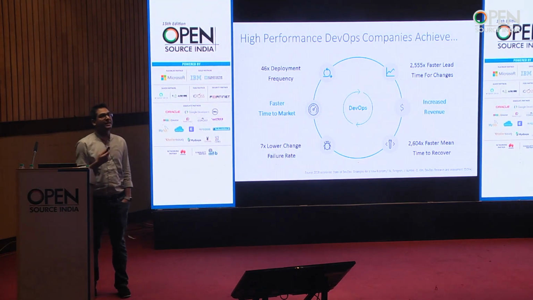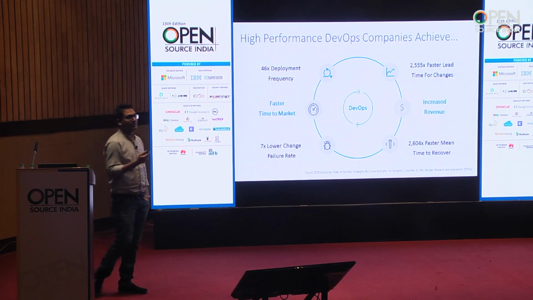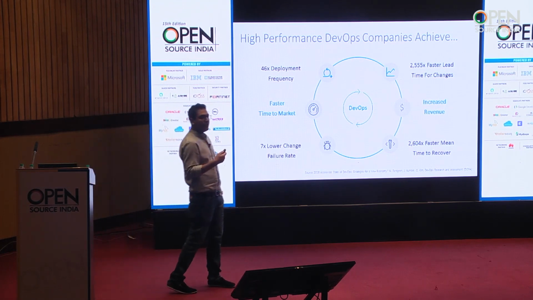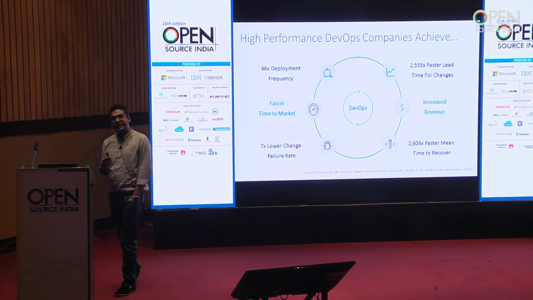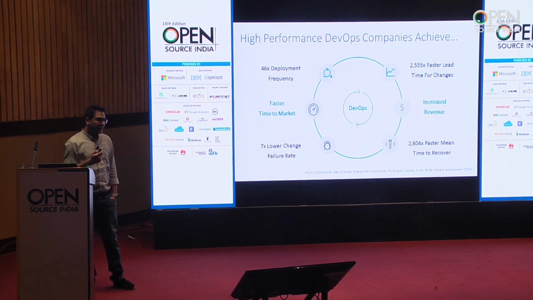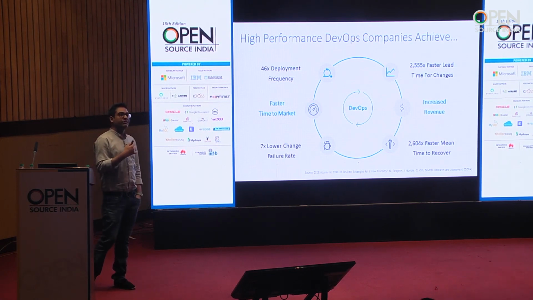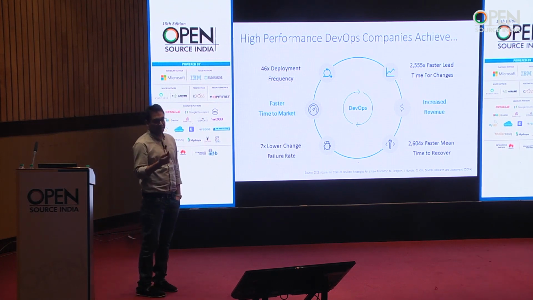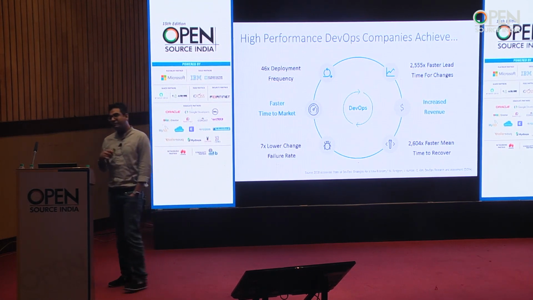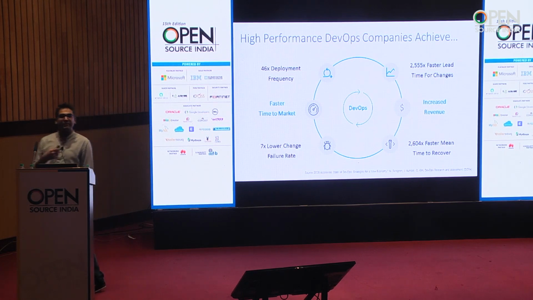But we have observed at Microsoft that if you implement DevOps, this is what you are going to get. As you increase your deployment frequency, lower your change failure rate, and move the code faster to the production environment, when something goes down, you'll be able to recover faster.